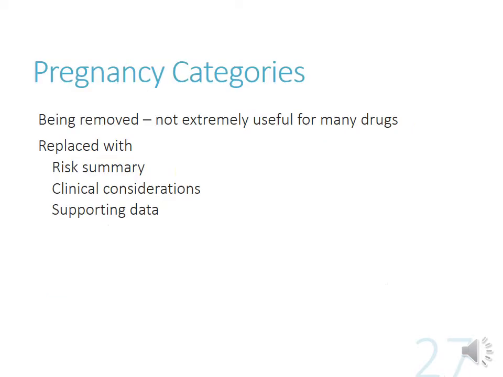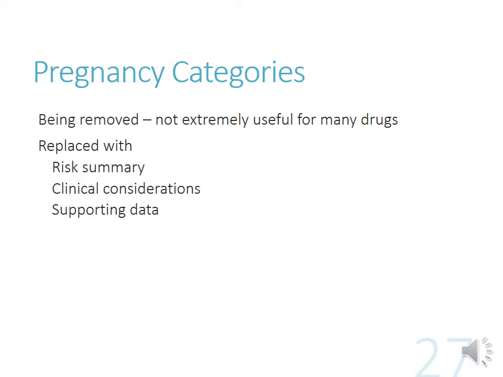The thing is that if you're looking at a lot of drug references, older drugs will still have their pregnancy categories associated with them, but for the most part they're being removed because they're not super useful. Seeing category C is not all that useful for you or your patients. A lot of things are being replaced with risk summaries, where they look at all the available literature and put a synopsis out there for you: here's at least what the studies have said, here are the patients we know of that have received this drug and what happened to them.